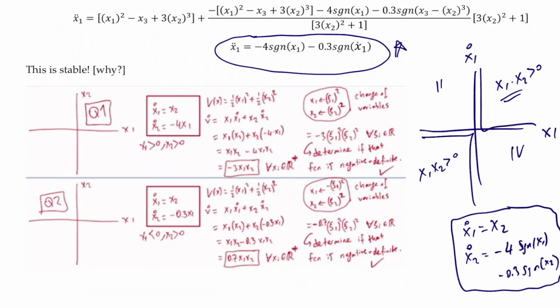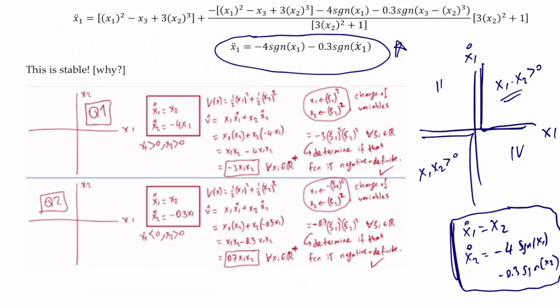Okay, and when we have that, I will not go into much detail. In this quadrant, this dynamical system turns into this one, right?